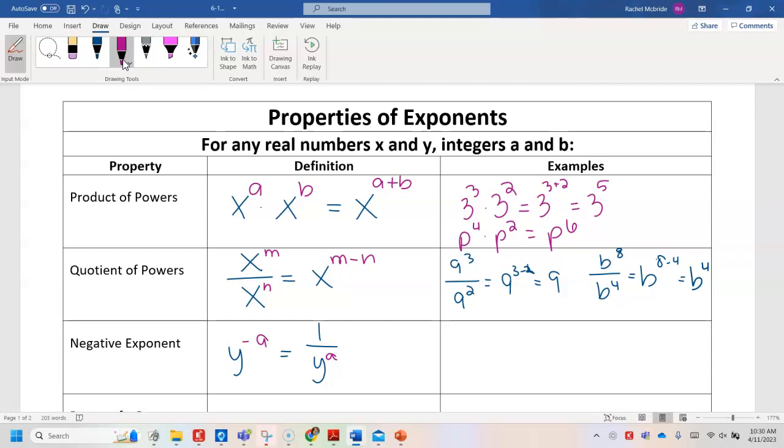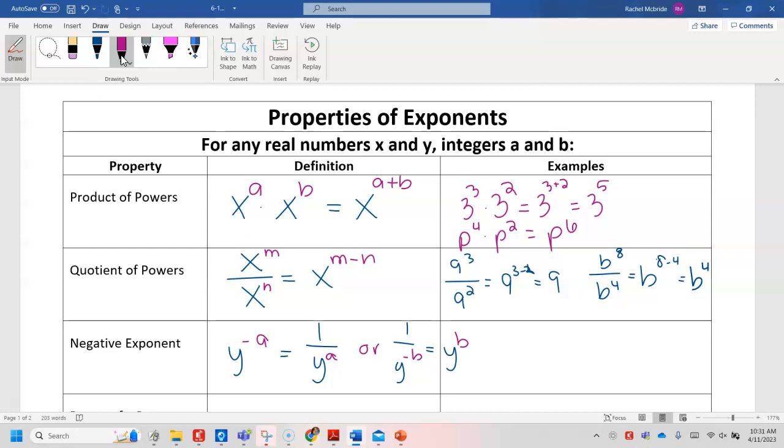You could also have the reverse of that. So if I had 1 over y, and this was to the negative b, then that is equal to y to the positive b. So if you have a negative in the bottom, you can bring it up to the top as a positive.